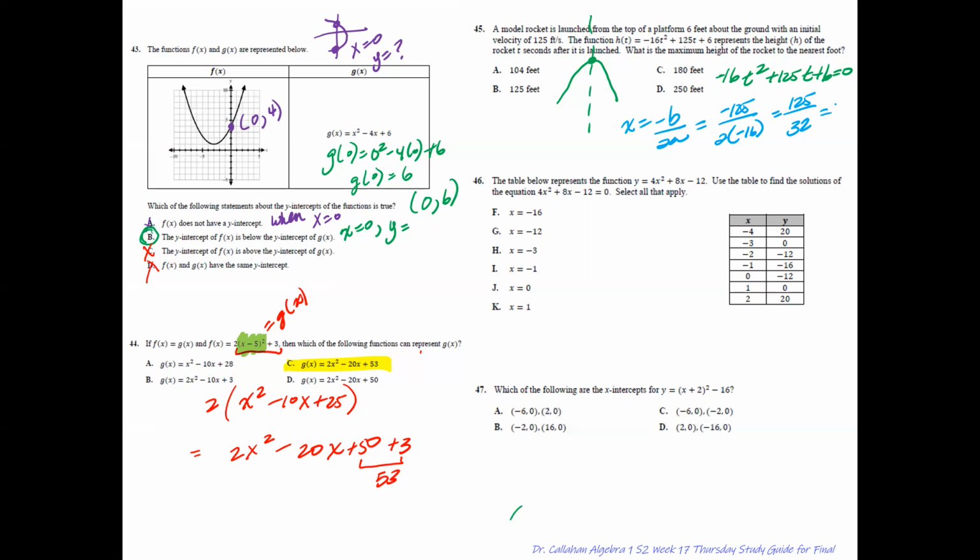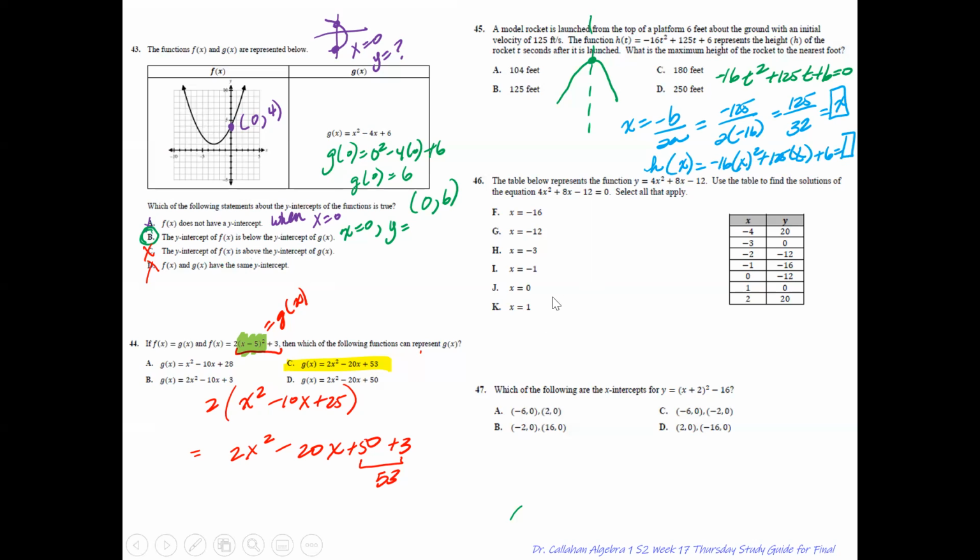That is going to give you the x value. Then you're going to take that number and plug it into this equation. So h of whatever that value is: negative 16 times that value squared, plus 125 times that value, plus 6. And then that answer is going to be A, B, C, or D.